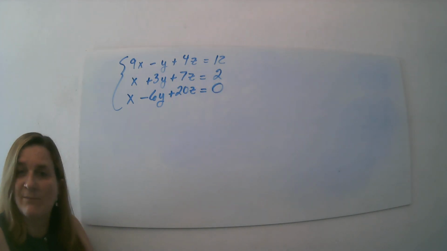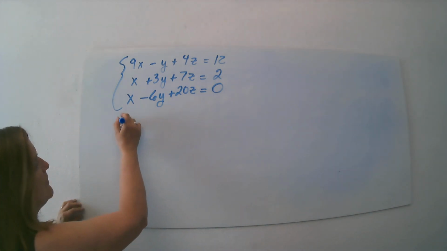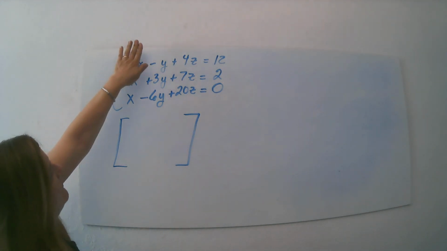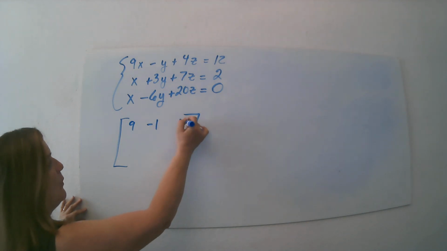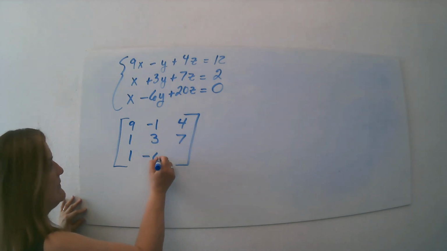So the corresponding matrix equation would look like this. We would write a matrix that contains the coefficients of the variables on the left side. So we would have 9, negative 1, 4, 1, 3, 7, 1, negative 6, 20.